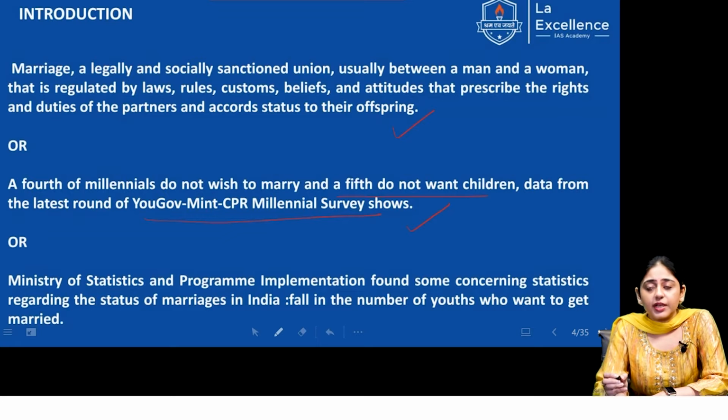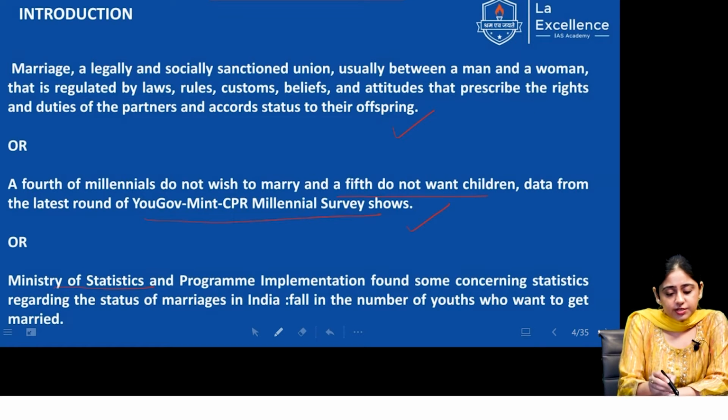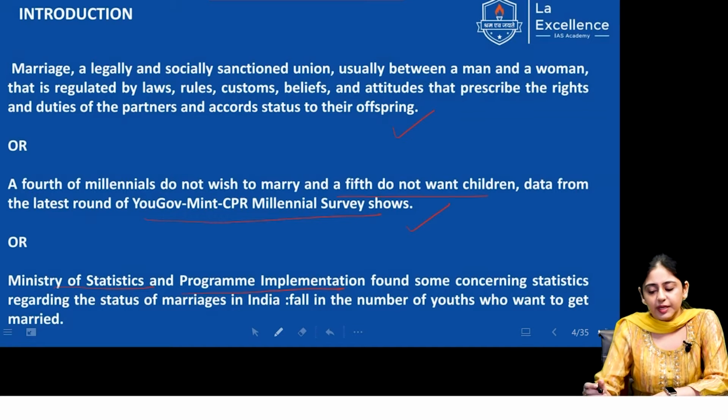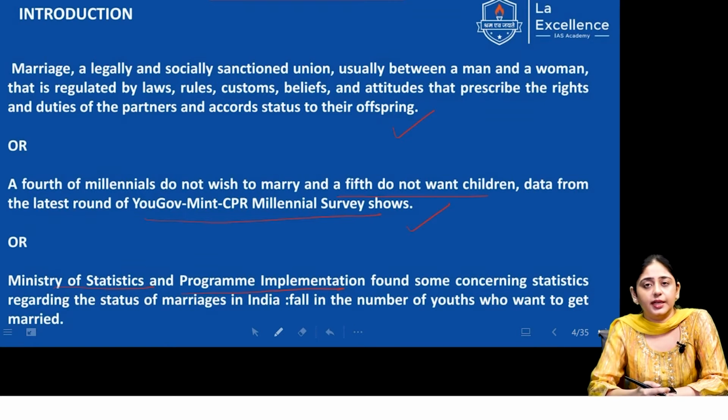So through the introduction, either you define the marriage institution or you show that what is asked in the question makes sense through a current affair. Or there is another statistic: the Ministry of Statistics and Programme Implementation found some concerning statistics that there is a reducing status of marriage in India.